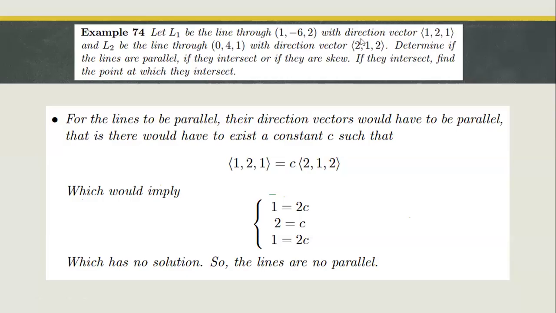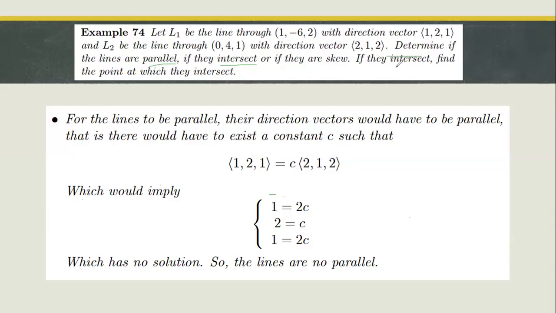It says, let L1 be the line through the point (1, -6, 2) with direction vector (1, 2, 1), and L2 be the line through the point (0, 4, 1) with direction vector (2, 1, 2). Determine if the lines are parallel, if they intersect, or if they are skew. If they intersect, find the point at which they intersect.